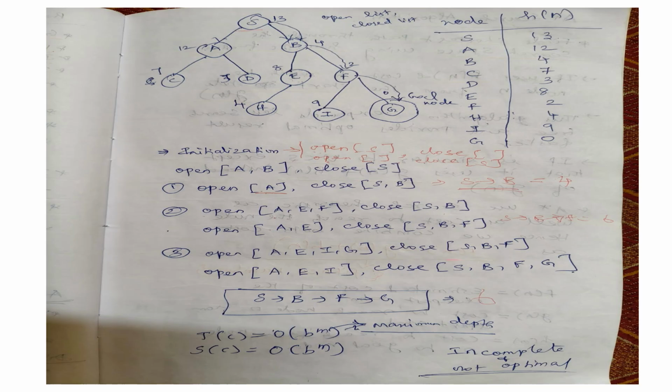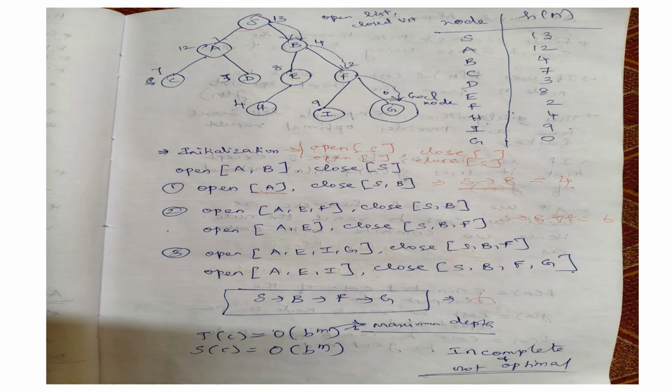So open first: we will be taking open as S. Now closed will be empty, that is initializing the starting node. Now you are going to expand the next step, the successors of S. So for A the heuristic value 12 will be checked, and for B the heuristic value 4 will be checked.